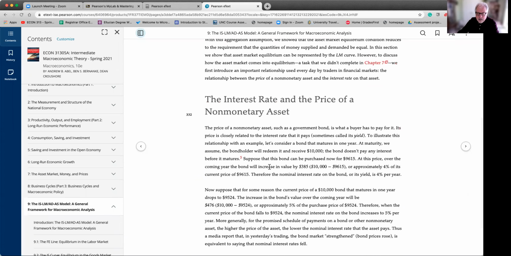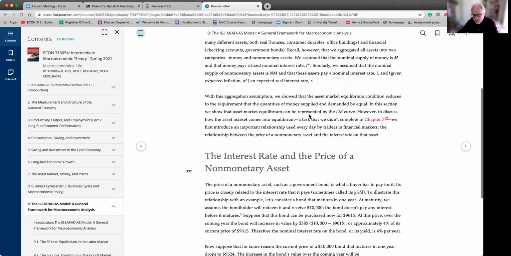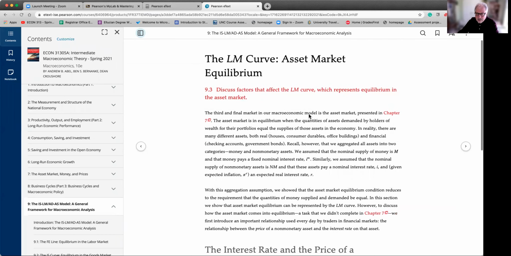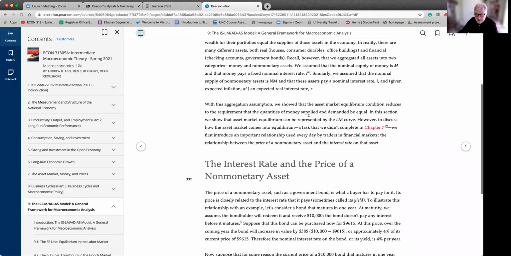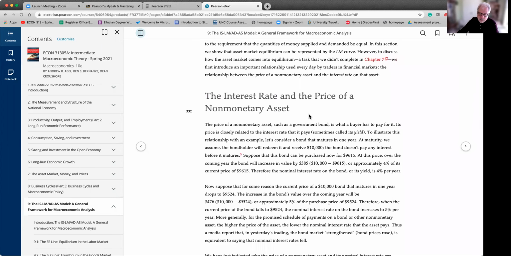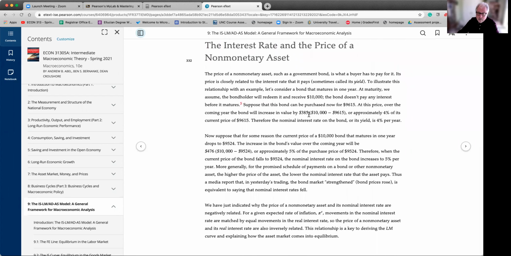You can recall that from this last exam, I suggested that you look at section 9.3, this section in chapter 9, because it's directly related to the material that we talked about in chapter 7. And there was no graph of money demand and money supply, although the discussion was there in words.